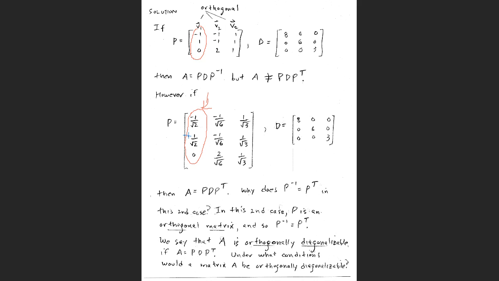Look at your eigenvectors here in this matrix P above, and look at the vectors in this other matrix P. What am I doing to the eigenvectors to get this matrix P here?